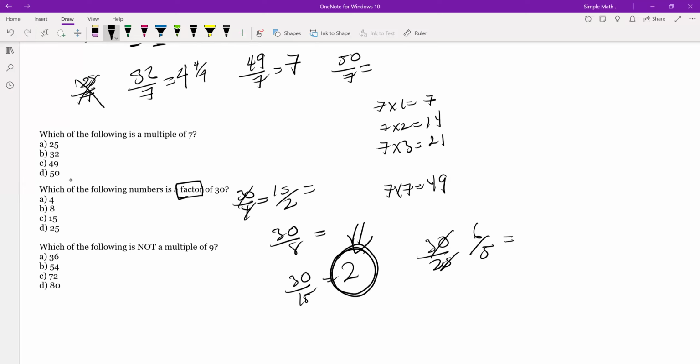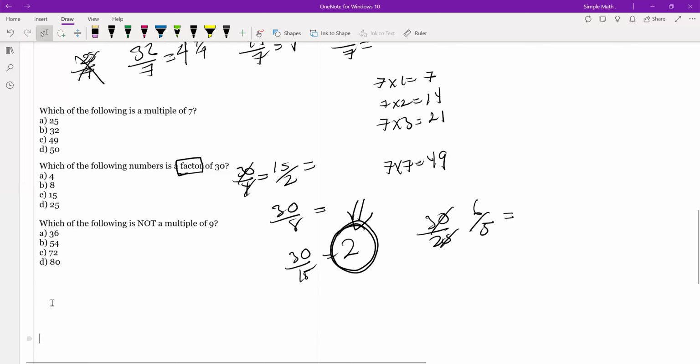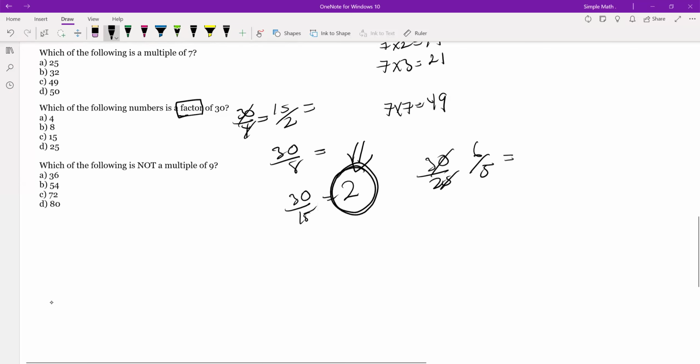All right, and then, which of these is not a multiple of 9? Remember, what are the multiples of 9? 9, 18, 9 times 3 is 27, 9 times 4 is 36, 9 times 5 is 45, and all that. So which of these is not a multiple of 9?